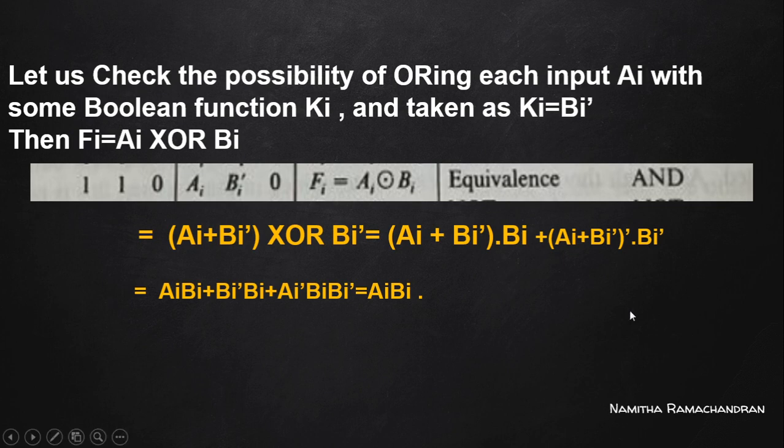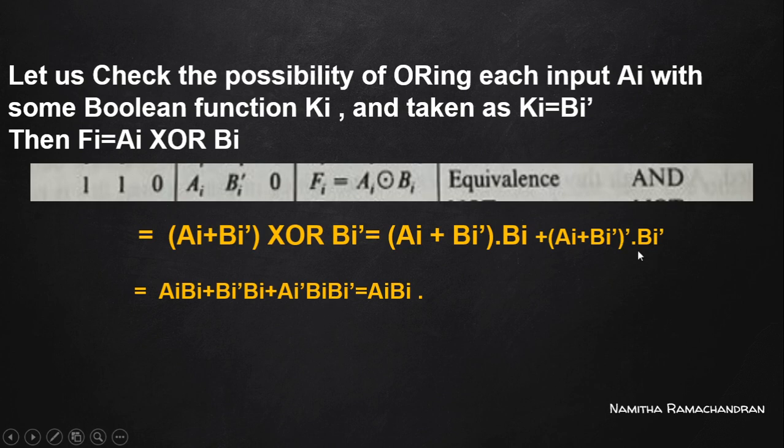Okay, so while expanding this, the terms like this, Ai Bi plus Bi complement and Bi plus Ai complement, what is it actually? While taking this complement inside, applying De Morgan's law, this becomes Ai complement and this Bi complement, all complement becomes Bi, right?